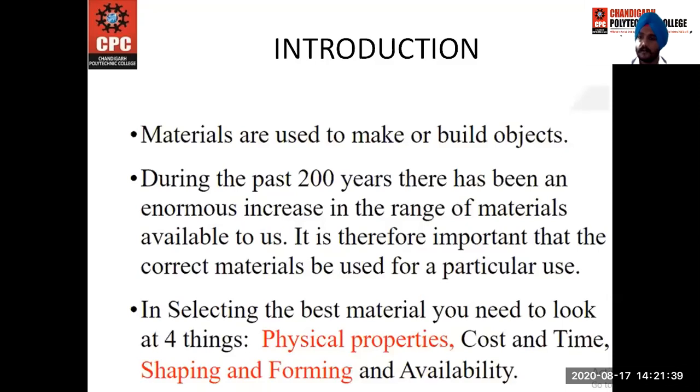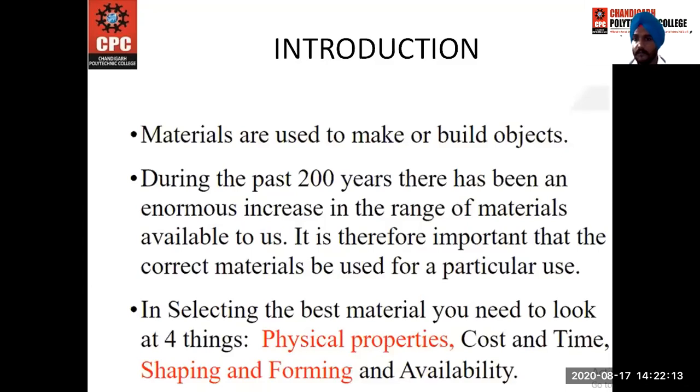From the Stone Age to the Bronze Age, humans were using different kinds of materials, and they were enhancing their properties and their inventions, and they invented various kinds of materials. And nowadays there is tough competition in the field of materials.